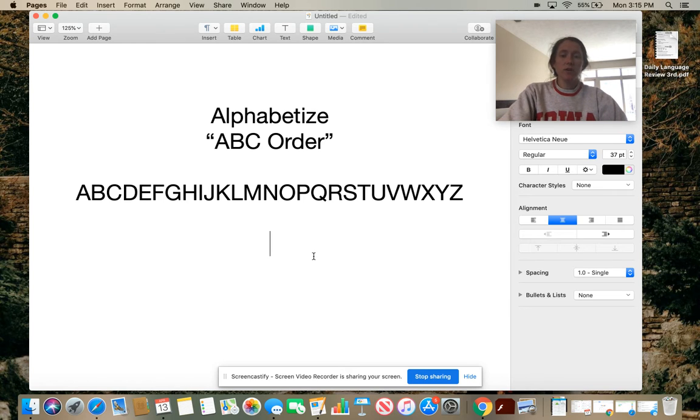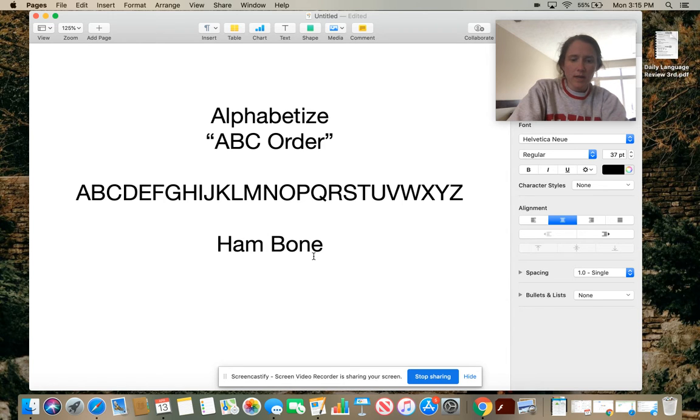So today you're going to do two lessons, and the first one is alphabetizing based on the first letter in the word, and the next lesson's alphabetizing based on the second letter in the word. So if I have ham, bone, and skin, I would look at the first letter in each of the words to see which would go first in alphabetical order.